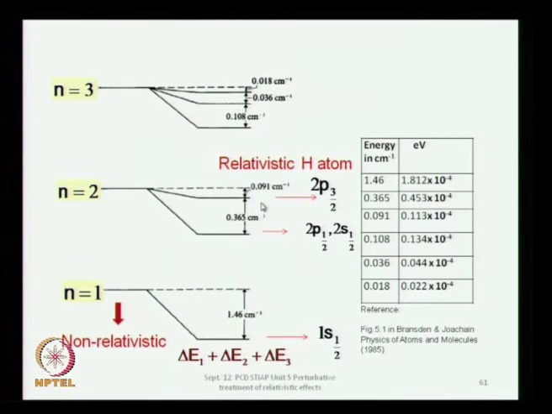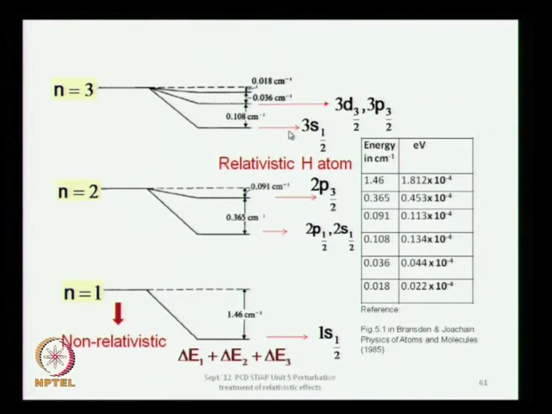So, the 2p 3/2 is above this, but both of these are lower than the non-relativistic value a little bit. Originally the spin orbit correction alone had raised it, but then there are other terms. The relativistic kinetic energy term dips it. So, the net effect is what you see over here.